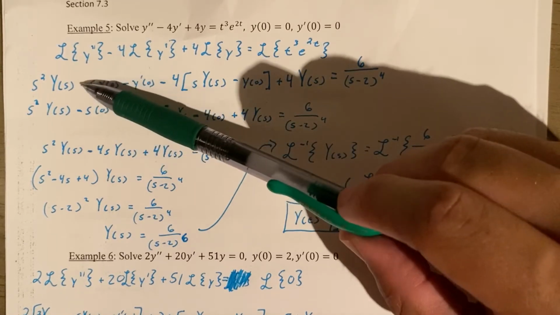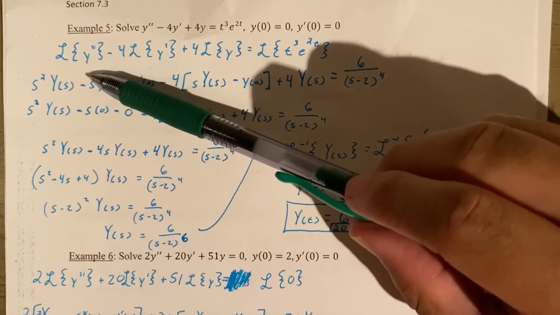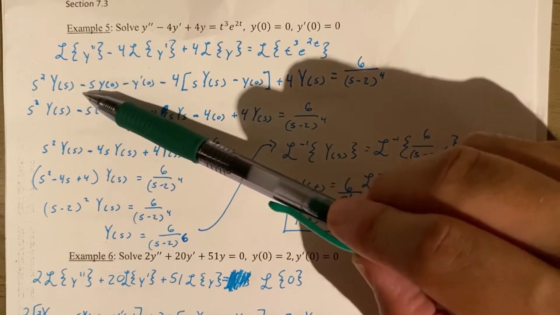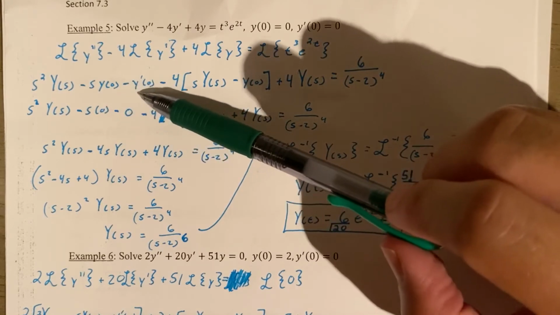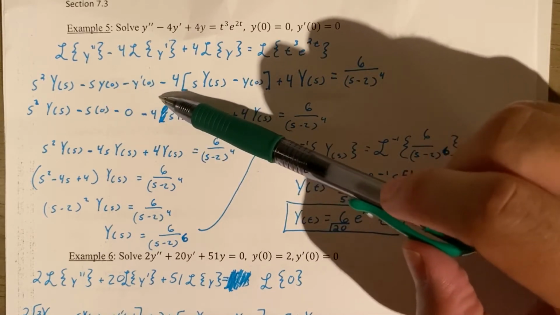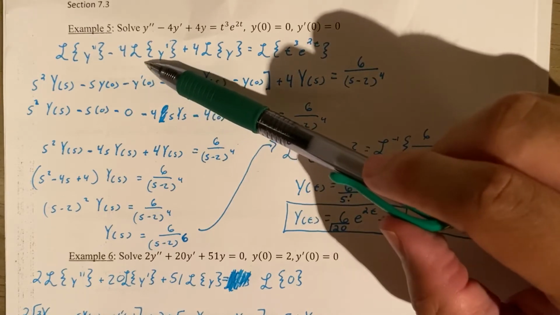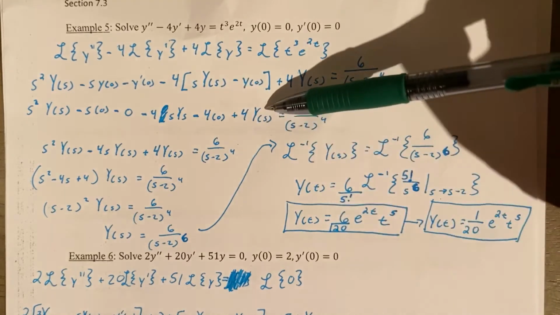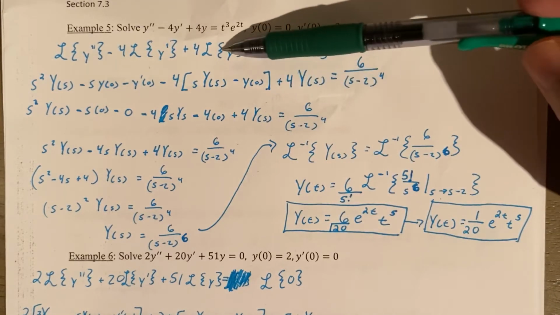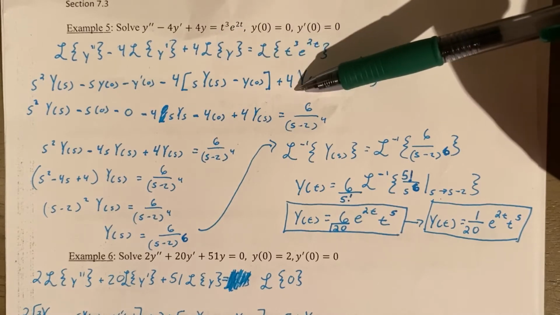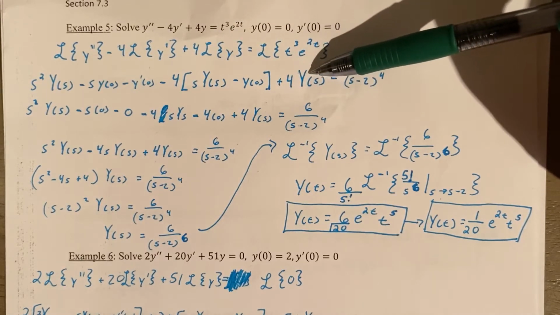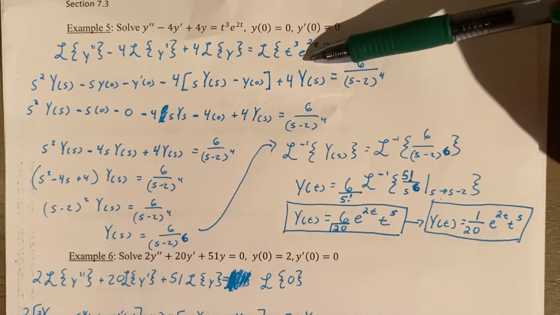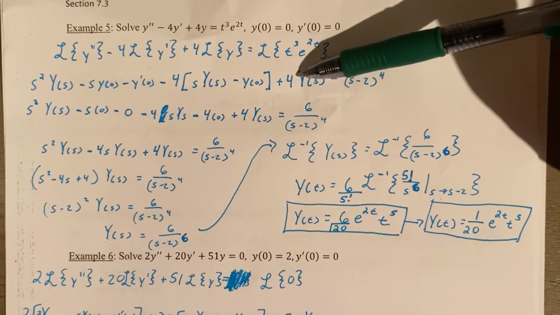Now, if you recall from the last section, the Laplace transform of y double prime is s squared times cap Y of s minus s times y of 0 minus y prime of 0, minus 4 times the Laplace transform of y prime, which is s times cap Y of s minus y of 0, and then plus 4 times cap Y of s, is equal to, when we do the Laplace transform of the right side, we're really looking at t cubed.